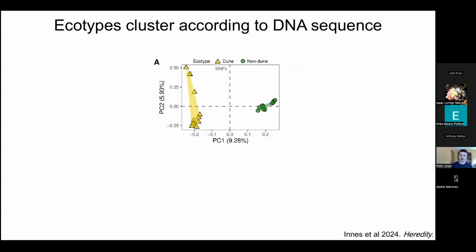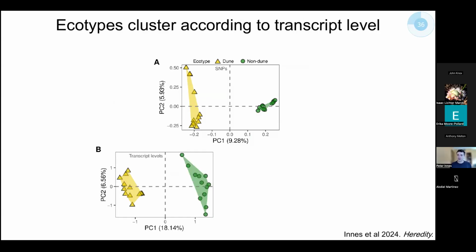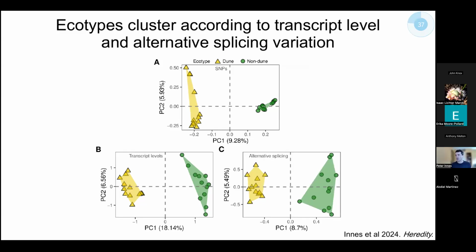And this is a confirmatory result, just showing, as we know, the ecotypes are genetically distinct. But they also are distinct when we look at variation in transcript levels, so just gene expression level. Okay, and we see the same thing when we plot variation in isoform proportions, so alternative splicing.